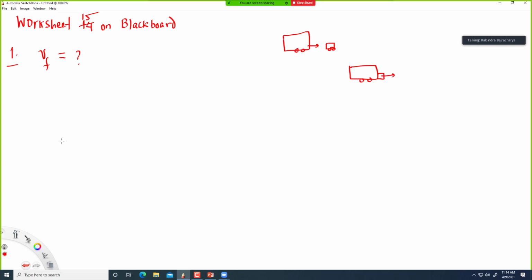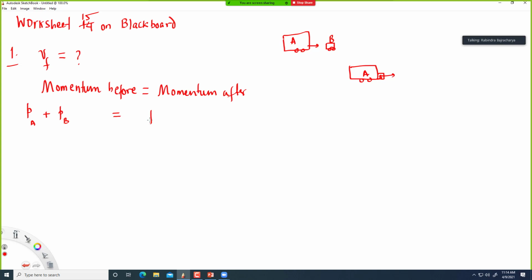The idea is pretty straightforward here. Conservation of momentum tells us momentum before collision is equal to momentum after collision. Momentum before collision is the momentum of the truck, let's say this is A, and this is B, so momentum of A plus momentum of B.